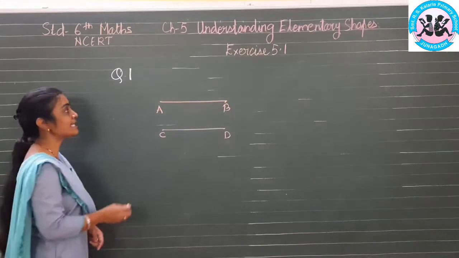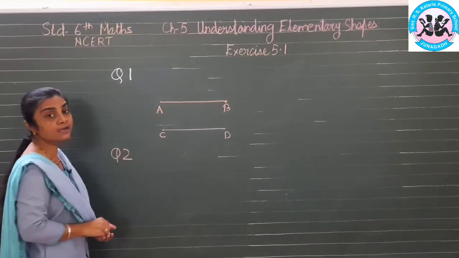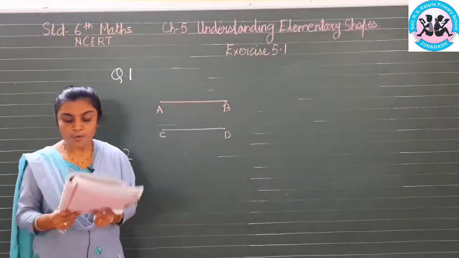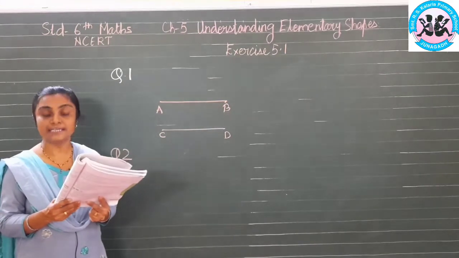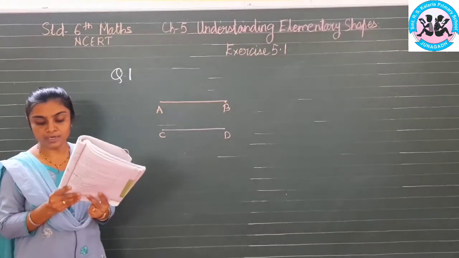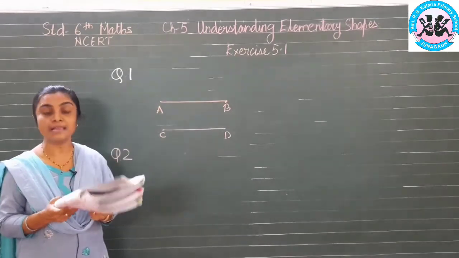Now let us move to the next question, number 2. Why is it better to use a divider than a ruler while measuring the lengths of line segments?